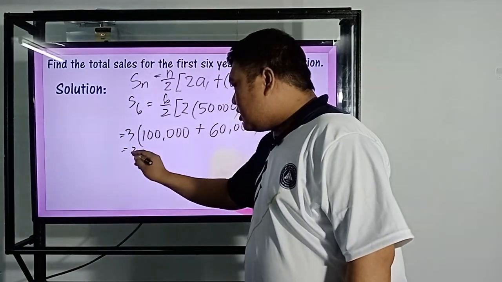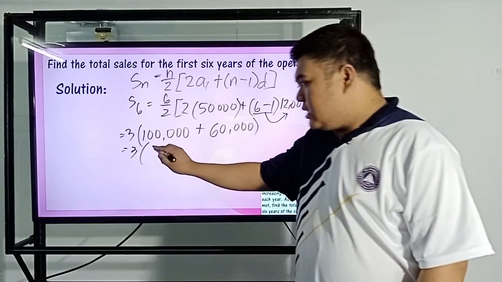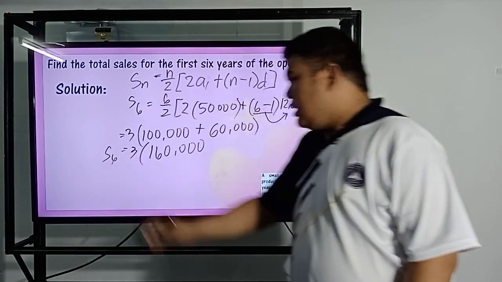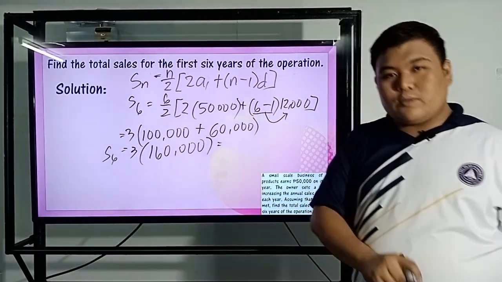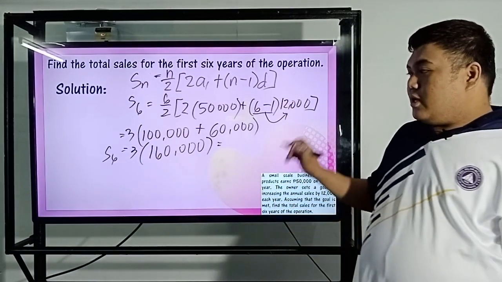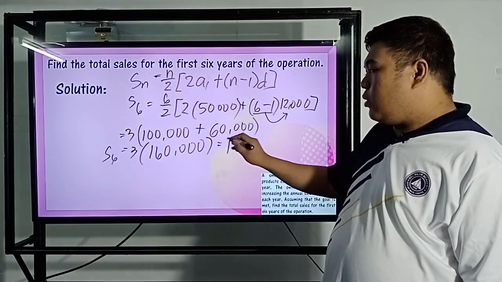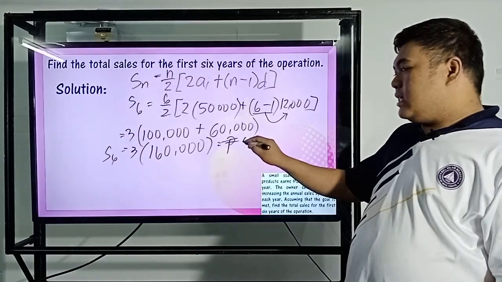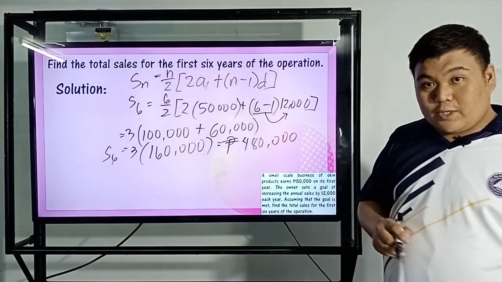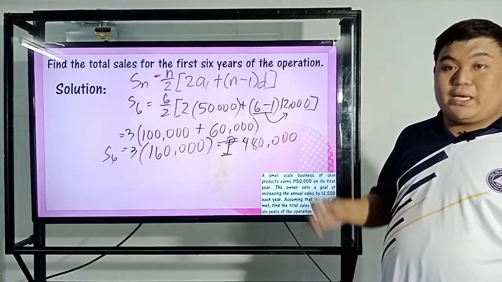Next, 3 times 100,000 plus 60,000 is equal to 160,000, and multiplying those two, 3 times 160,000, that is equal to 480,000 pesos. Since we are talking about money, do not forget to include the peso sign.